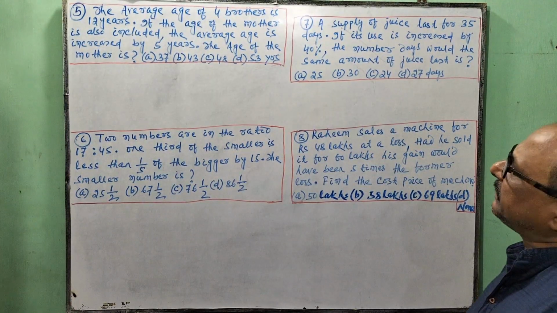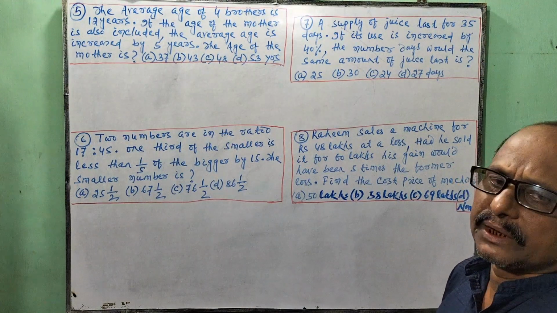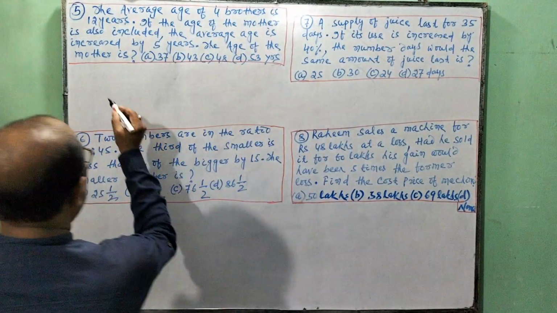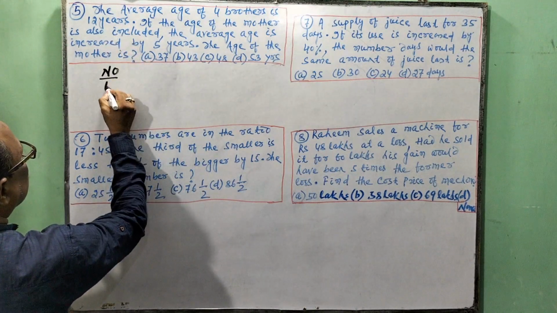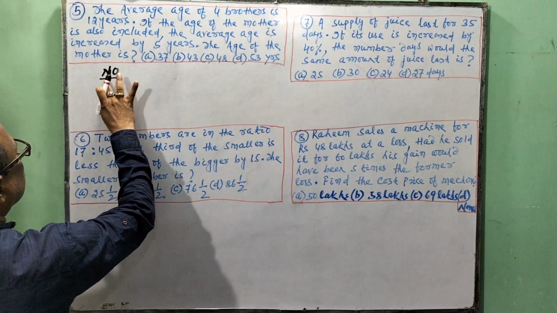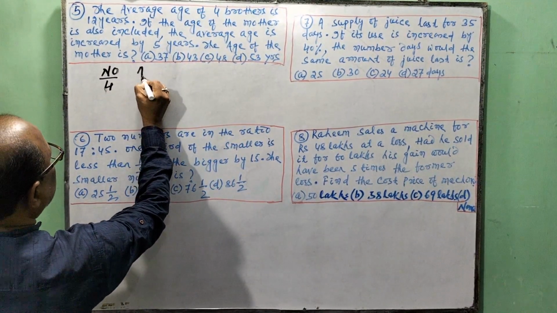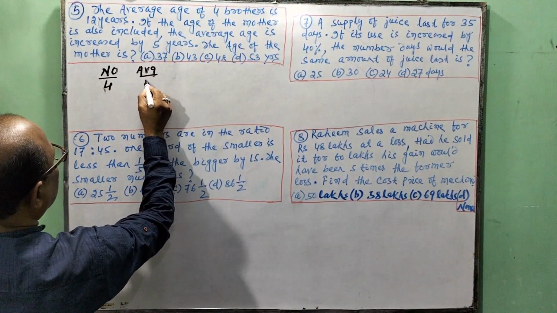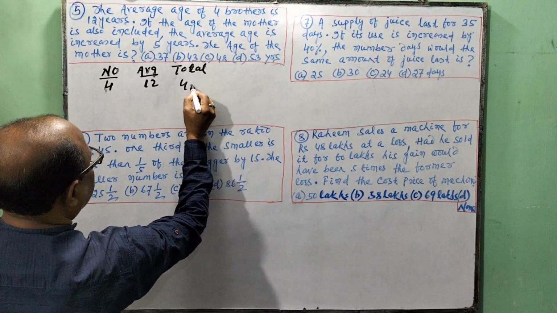The average age of 4 brothers is 12 years. So 4 brothers, average 12, total is 48 years.